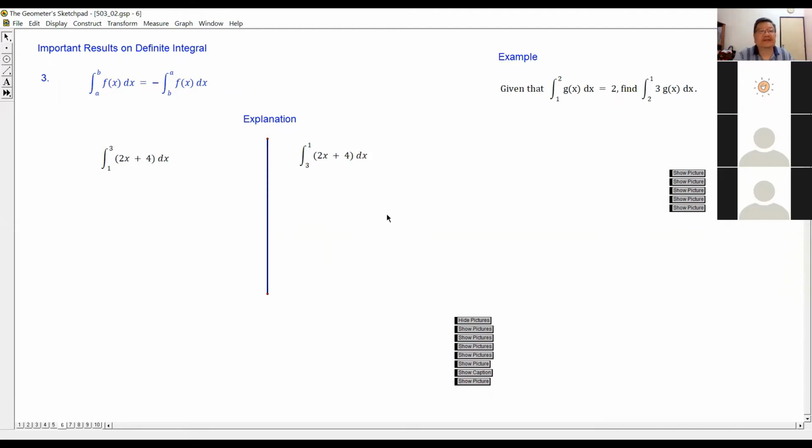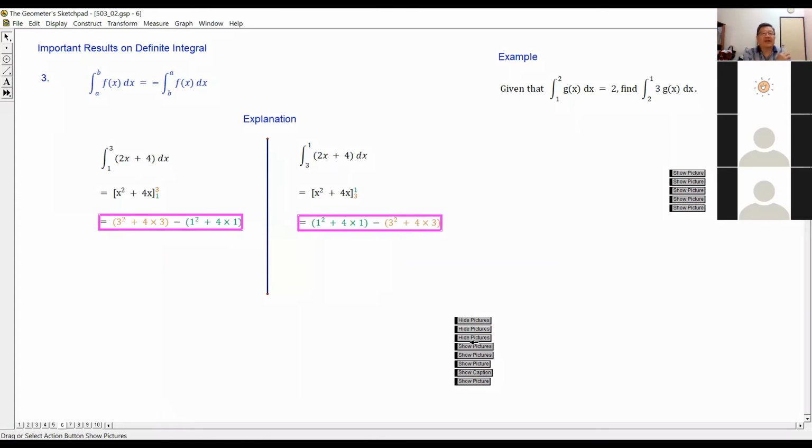Okay, so integrate 2x becomes x squared. Integrate 4 becomes 4x. On the right hand side, I also have integrate 2x become x squared. Integrate 4 also becomes 4x. Actually they are the same. Only here the limits are 3, 1, here 1, 3, that's all.